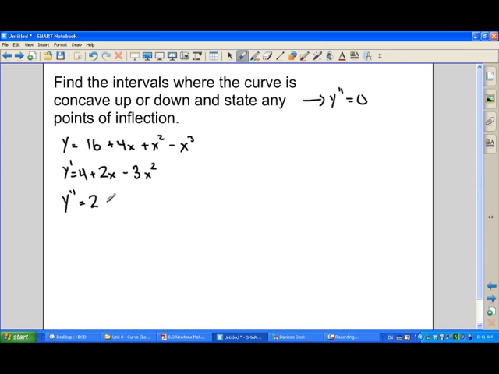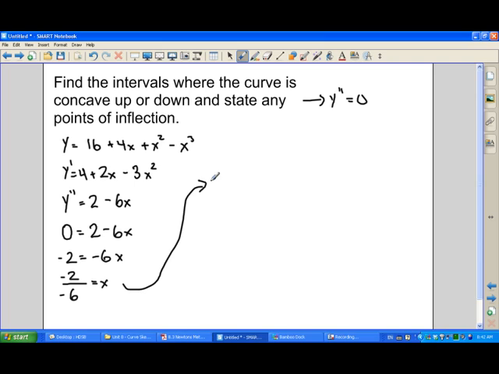And I get 2 minus 6x. Setting this equal to 0 and solving for x, I get an x value of positive 1/3.